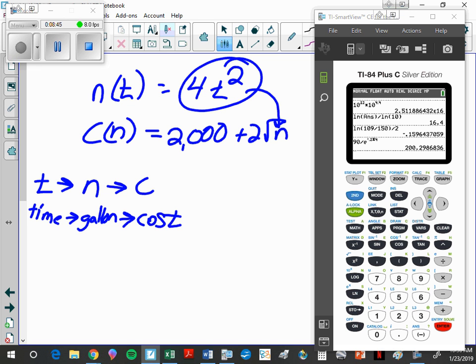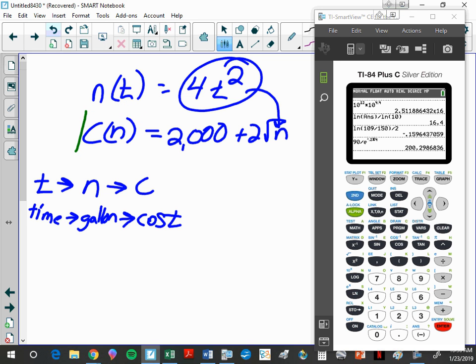And that makes sense. If you look at the original functions, can I plug this into there? Can I plug a C equation into a T variable? No, that doesn't work. But we can plug an N equation into an N variable. And you have to show how you do it. That's pretty easy.